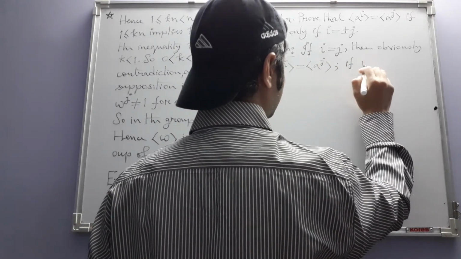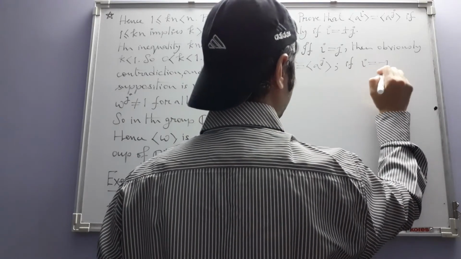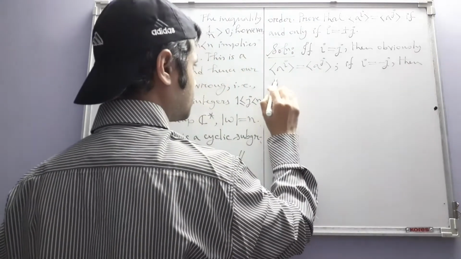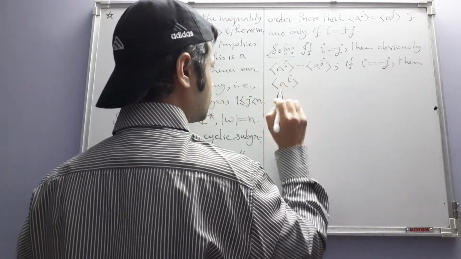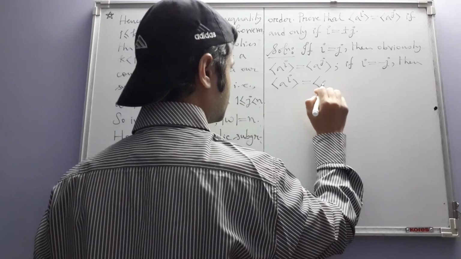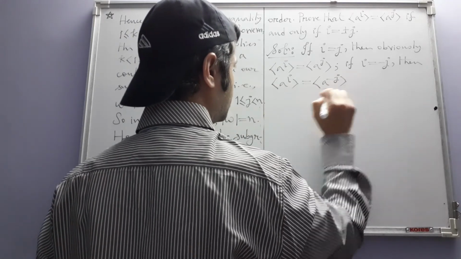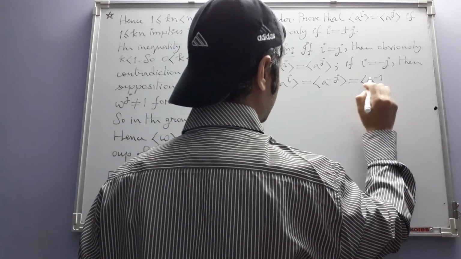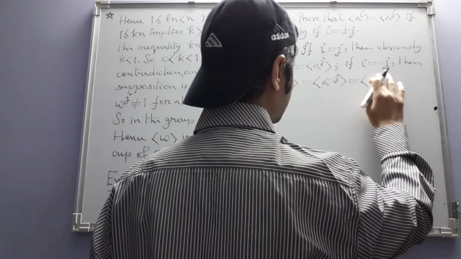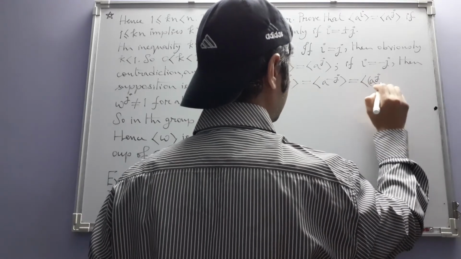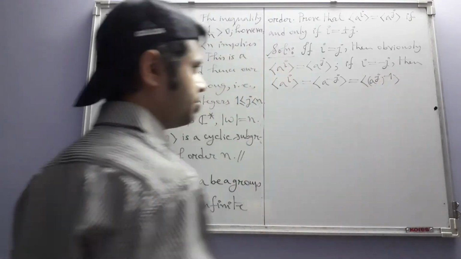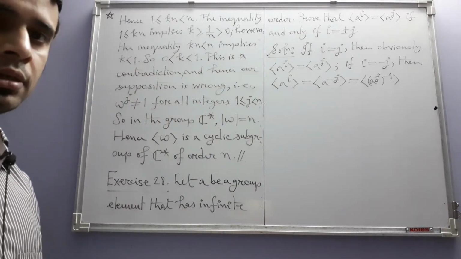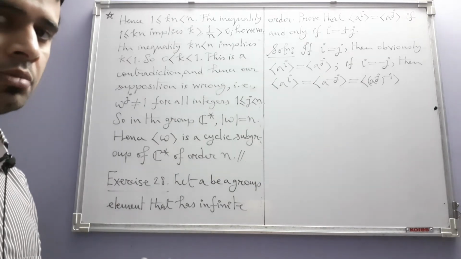If i is minus j, then a to the power minus j, if we use the rules of exponent, is the inverse of a to the power j, and we know that in any group an element and its inverse generate the same cyclic subgroup.